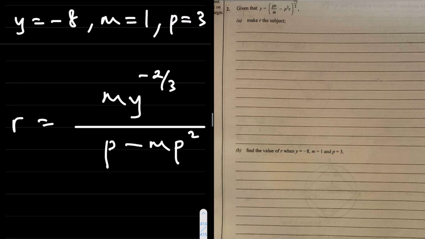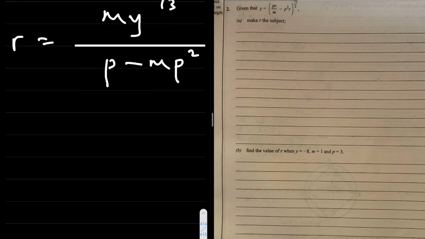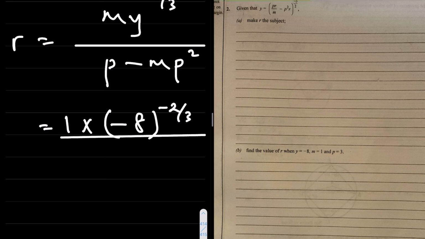R equals my raised to the power minus 2 over 3, which simply means m is 1. That's 1 times y is minus 8. 1 times minus 8 raised to the power minus 2 over 3 all over p, which is 3 minus mp squared.